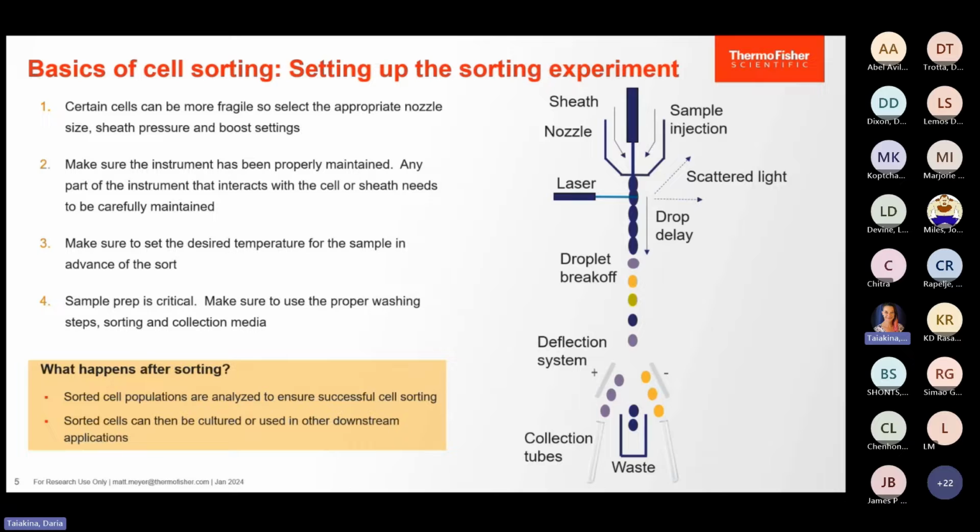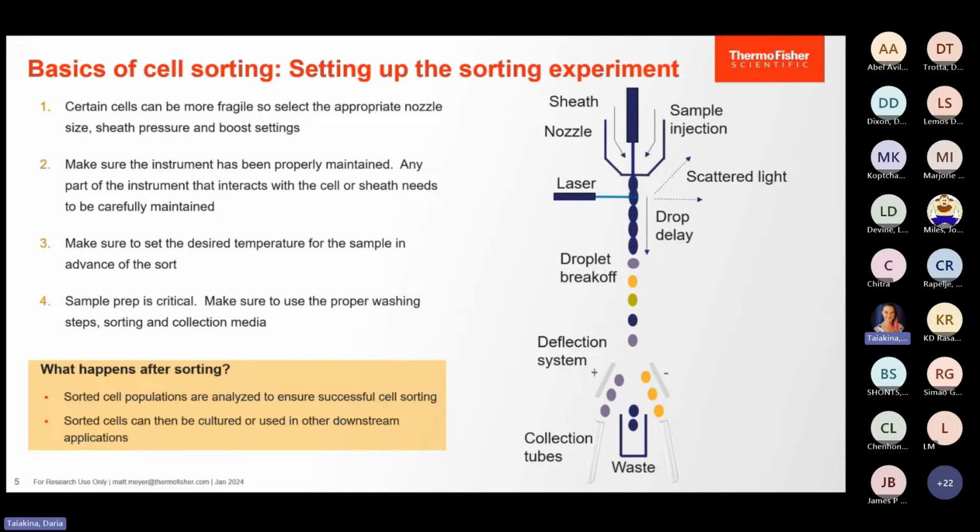Make sure the instrument has been properly maintained. There's lots of different parts that interact with the cell, and that's the sheath, the actual drop. And so having things like the sample line, making sure that the sorter is in good maintained order, will really give you a good head start when sorting.